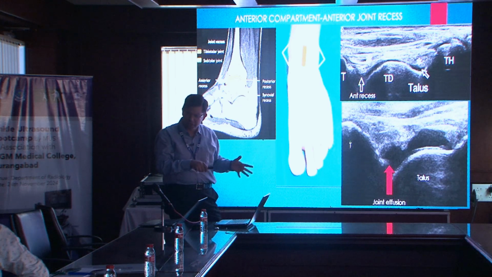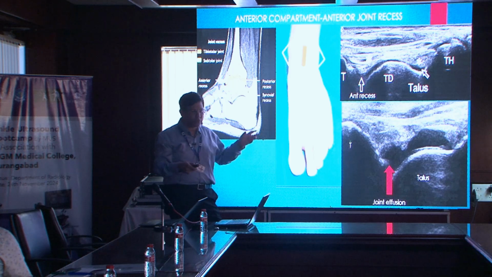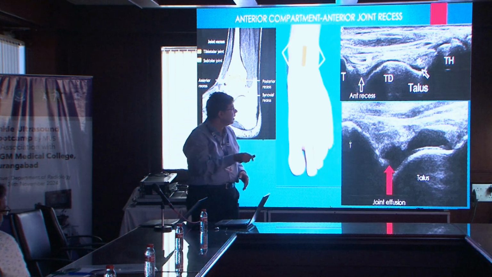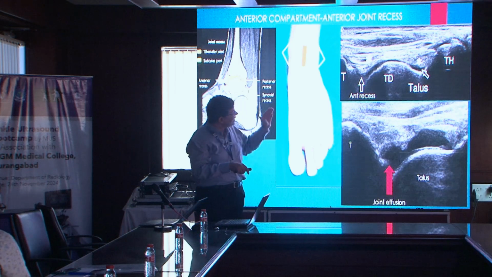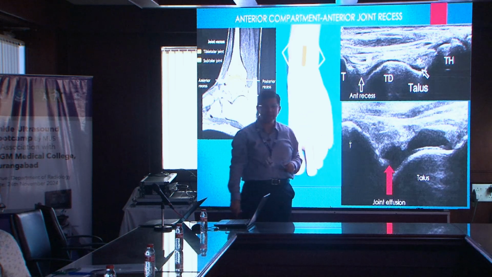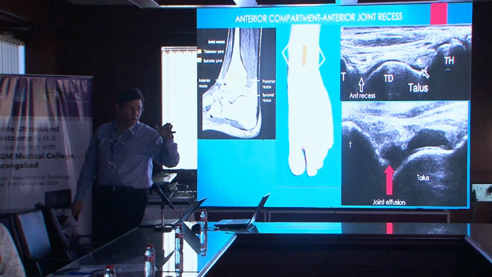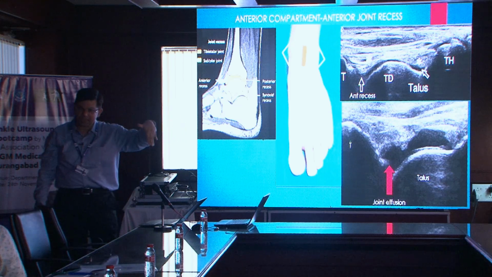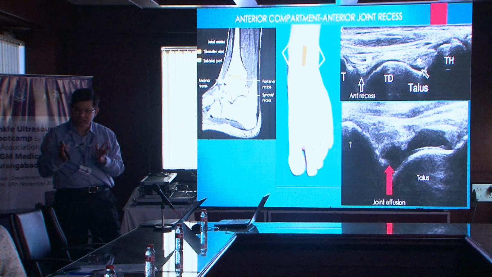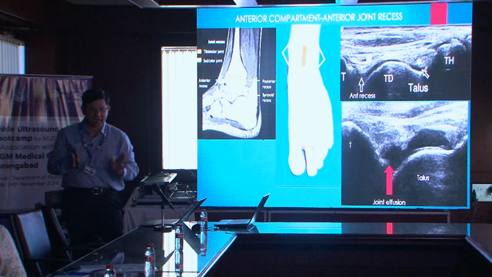You can evaluate for effusions and synovial hypertrophy, and you can also put in power Doppler to see if there is any vascularity within. That hypoechoic lining above the talar dome is the articular cartilage covering the talar dome, and when you ask the patient to plantar flex the ankle, you will be able to see almost 70 to 80% of the articular cartilage as you move your probe from the medial to the lateral aspect.